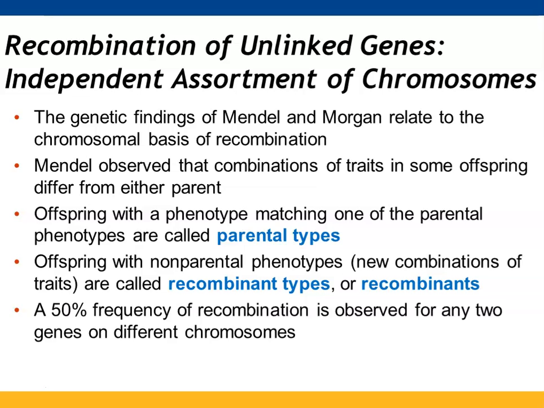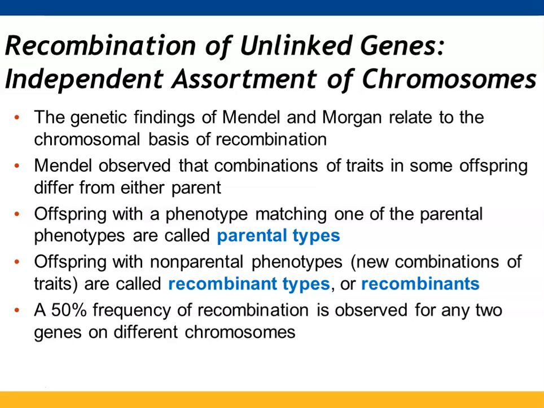So when the phenotypes match the parental phenotypes, they are called parental types. When the offspring have phenotypes that do not match their parents, different combinations of traits, they are known as recombinants. We can calculate recombination frequency by adding together the number of individuals that do not have those parental phenotypes and dividing it by the total number of offspring that were produced.